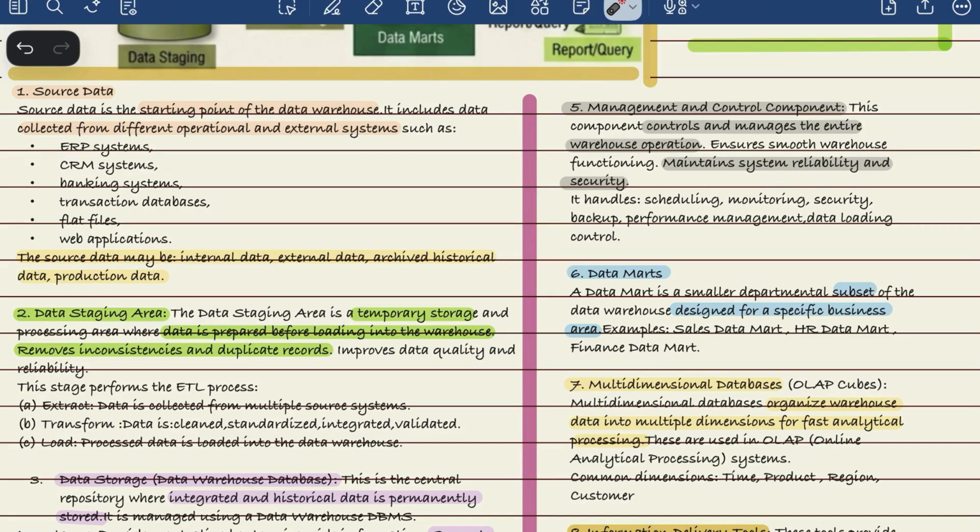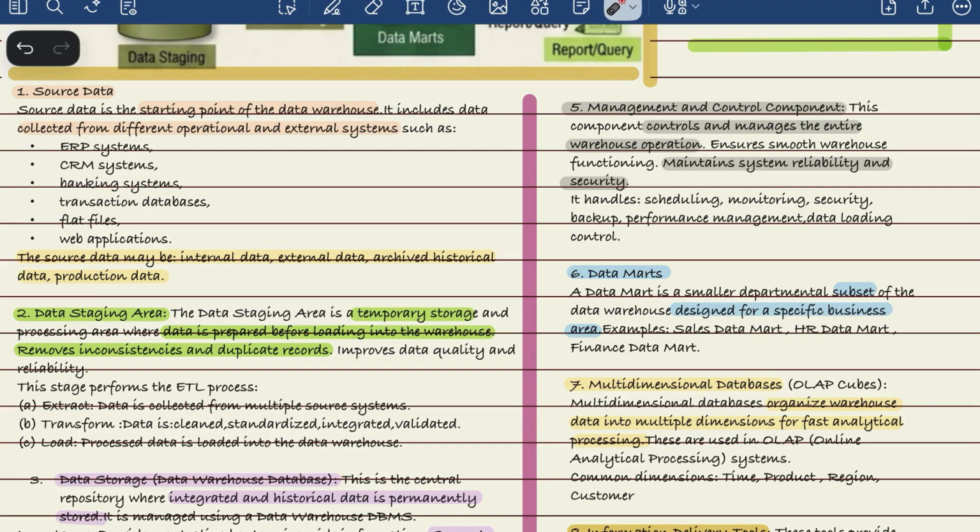For example, say an ETL, extract, transform, load, part of the data crashes. Who will make sure that the whole system runs smoothly while everyone is asleep? It is the management and control area. It is working as a supervisor. The machinery supervisor is the management and control area.